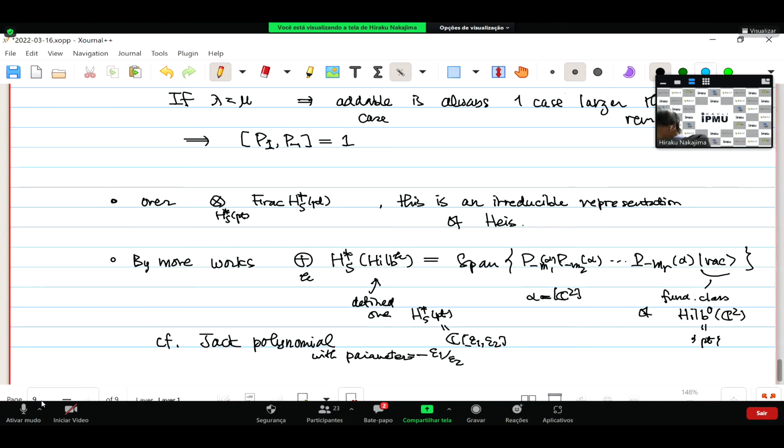Okay. So some people are interested in the integral form of Jack polynomials, and understanding such integral polynomials is relevant. This kind of statement is relevant to integrality.